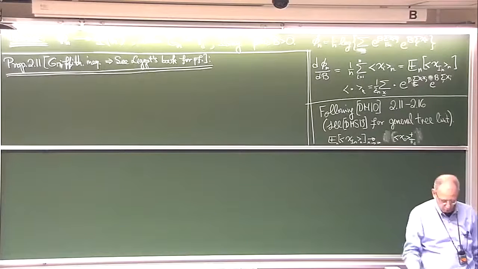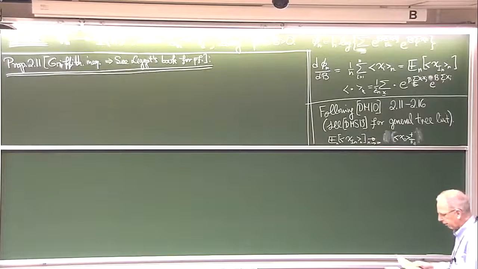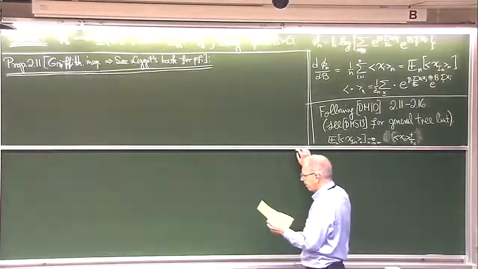Okay, so the main tool here, and this is also explaining many of the things I did already kind of on the slides, but never really explained, is the Griffiths inequality, which tells that there is a monotonicity effect with respect to boundary conditions, or with respect to parameters of various values of the Ising.